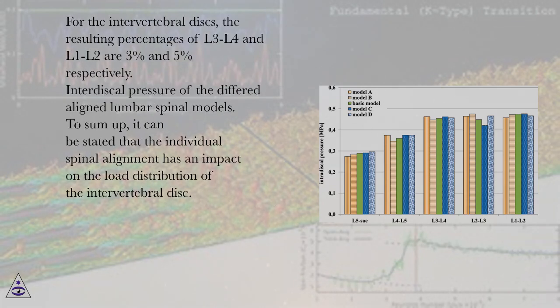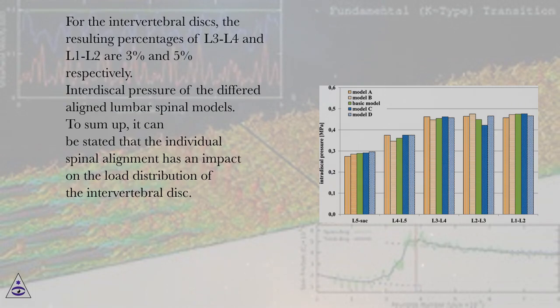For the intervertebral discs, the resulting percentages of L3 L4 and L1 L2 are 3% and 5% respectively. Intradiscal pressure of the different aligned lumbar spinal models. To sum up, it can be stated that the individual spinal alignment has an impact on the load distribution of the intervertebral disc.